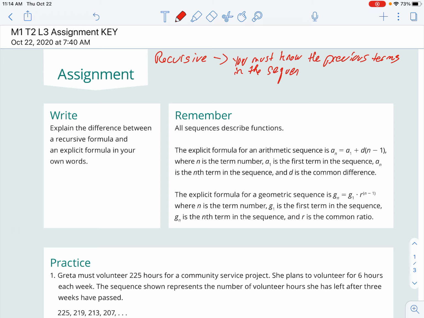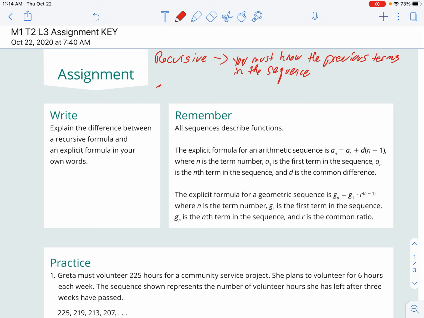So you need to know some information about the other terms in that sequence, because the recursive formula just says, hey, if it starts off at 2, 4, 6, and then continues on, you can keep saying, oh, plus 2, plus 2, plus 2, so 8, 10, and 12.